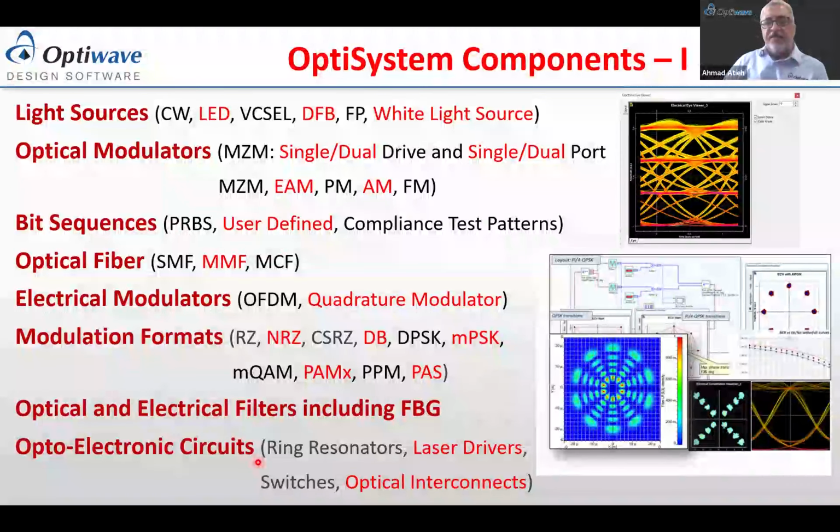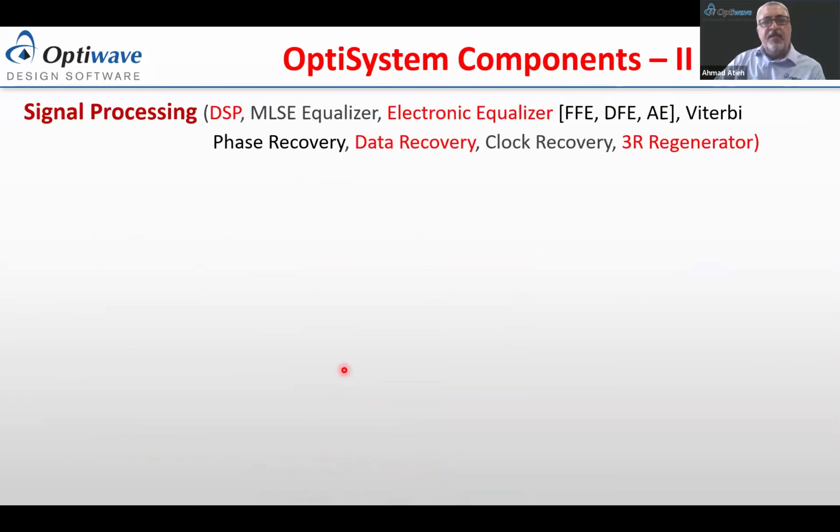Electro-optic circuits, different types of circuits can be designed in collaboration with OptiSpice software. So you can have laser drivers as well as designs for ring resonators and optical interconnects. There is signal processing. We have a sophisticated DSP component, which has lots of models to do different compensation in your system.